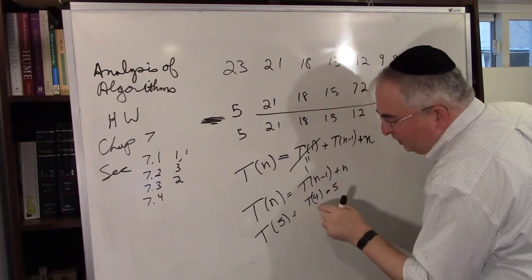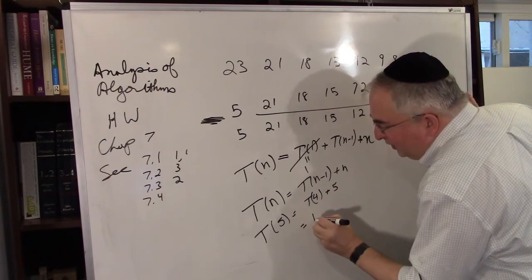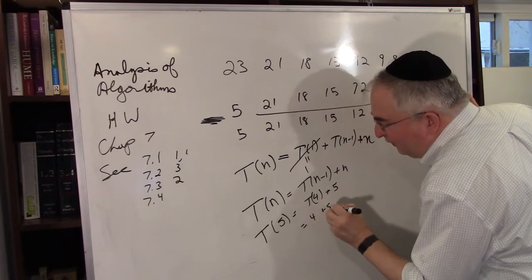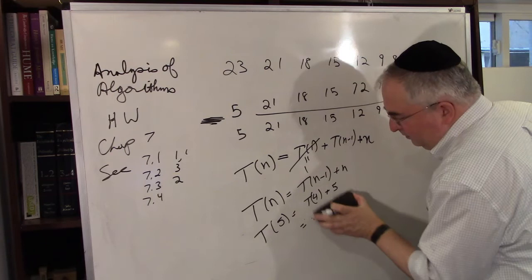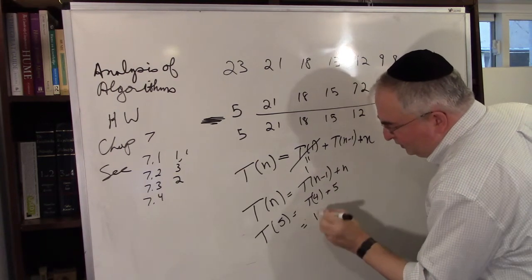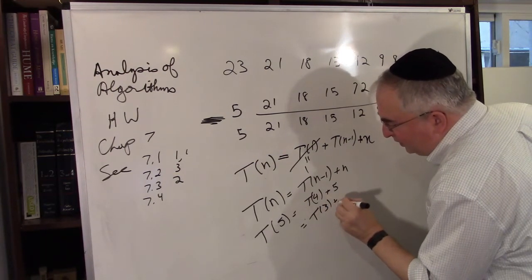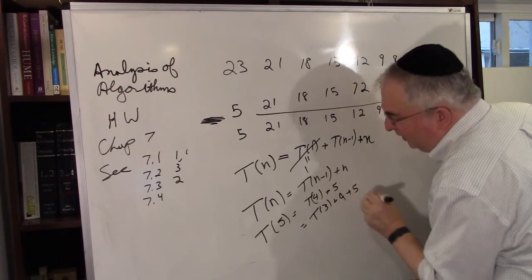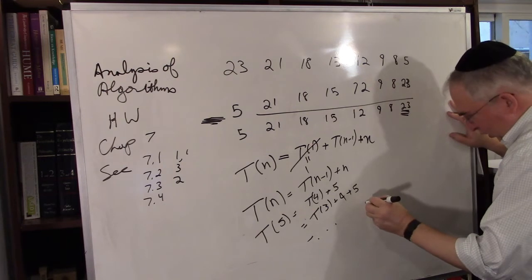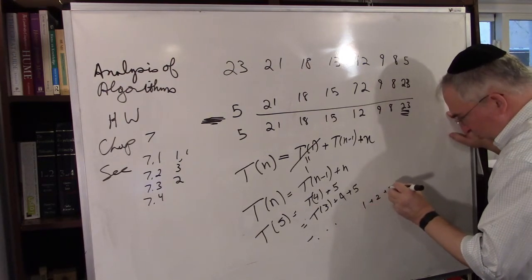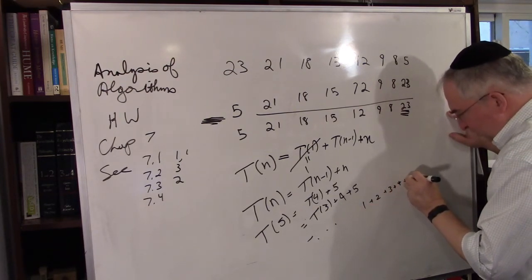What's T of 4? This is equal to T of 3 plus 4 plus 5. Keep on doing this, and what you get is 1 plus 2 plus 3 plus 4 plus 5.